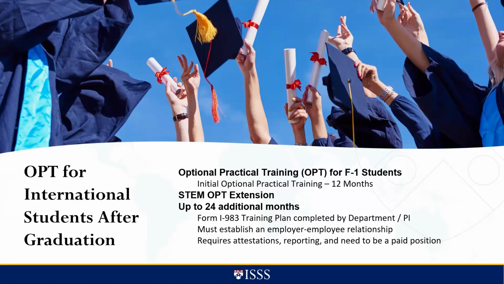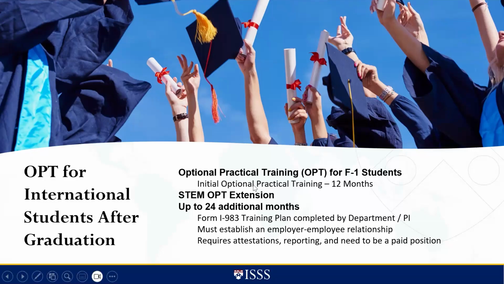And if this student has a STEM major, then after the end of the 12th month, they will have another 24 months of additional time to work in the U.S. So maybe in your department, there's someone working on OPT, and after OPT, they do have another 24 months of STEM OPT.